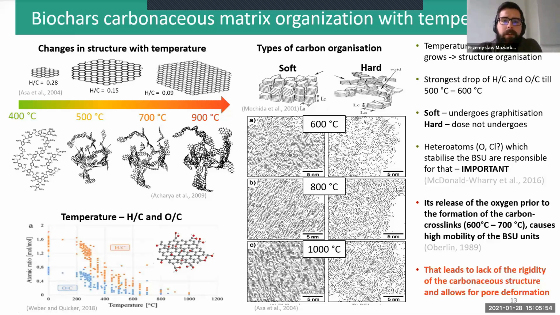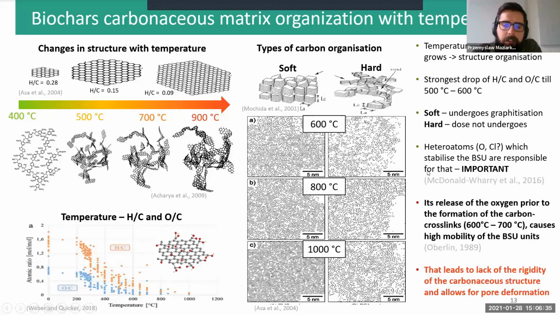So when we strongly release the oxygen from the structure and the structure doesn't really form carbon crosslinks, that means the BSE units are not stabilized very strongly, which gives them a high mobility within the structure. As we can observe on these TEM pictures, at 600 degrees we have very small BSE units which are not strongly interconnected between each other.